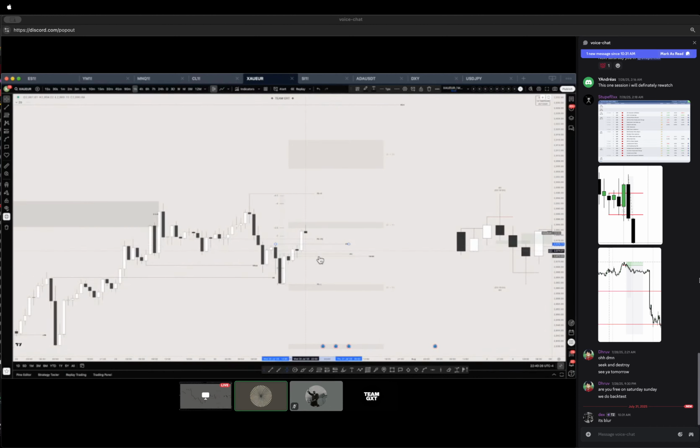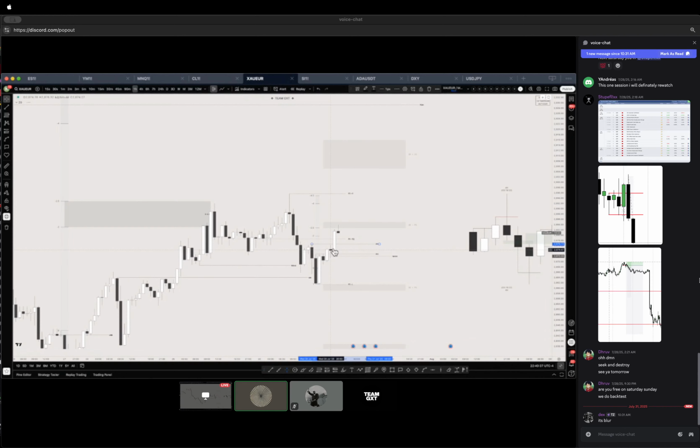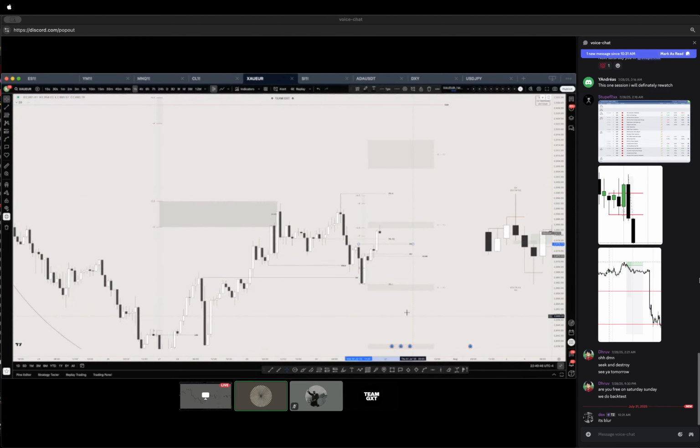But what I would do is I would put Statmap on midnight open when that occurs, and then we'd probably have a manipulation level somewhere around these IFCs. That's just probably where it would happen. I'm guesstimating. So just look for a move down and reversal somewhere around here to continue higher.